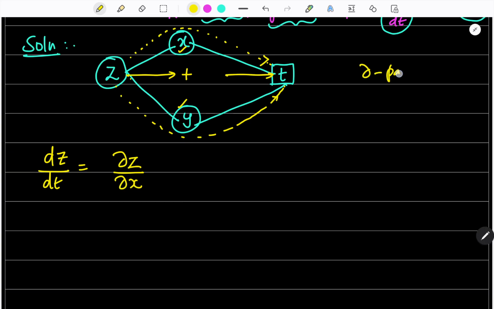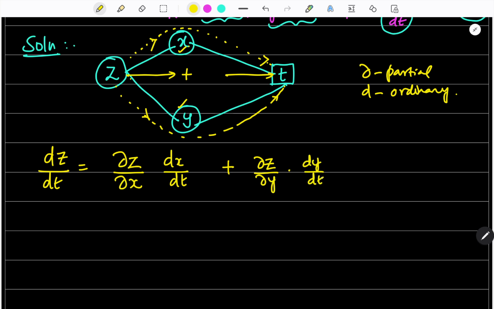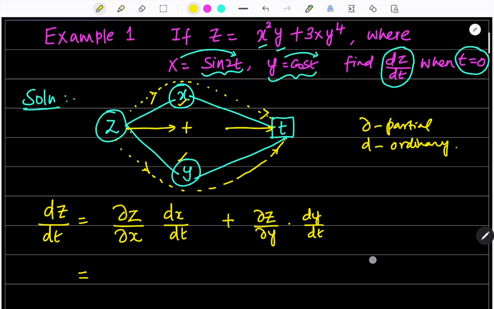Dou means partial, and d means ordinary derivative, keep that in mind. And x is a function of one variable t, so I'm using dx by dt. Plus, this direction is finished. Now come in the other direction: dou z divided by dou y and dy divided by dt. This is the rule. Don't memorize, understand the logic. This equals, z is a function of what?